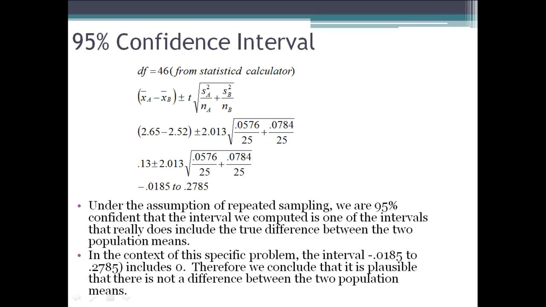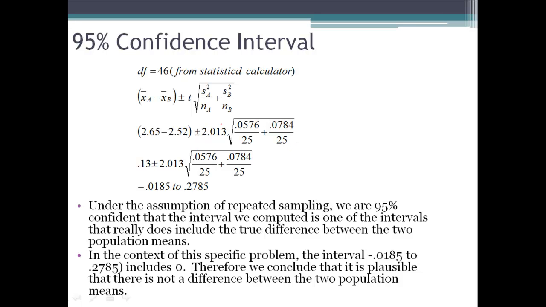Okay, so our 95% confidence interval is the statistic, the x bar A minus x bar B, plus or minus the confidence coefficient T, times the standard error. So again, we have that 0.13, 265 minus 2.52, times a t-value, times the standard error. Now I'm going to go ahead and tell you that the degrees of freedom for this one is 46, and we'll get that from our calculator, and I'll show you in a moment how we get that on our calculator.